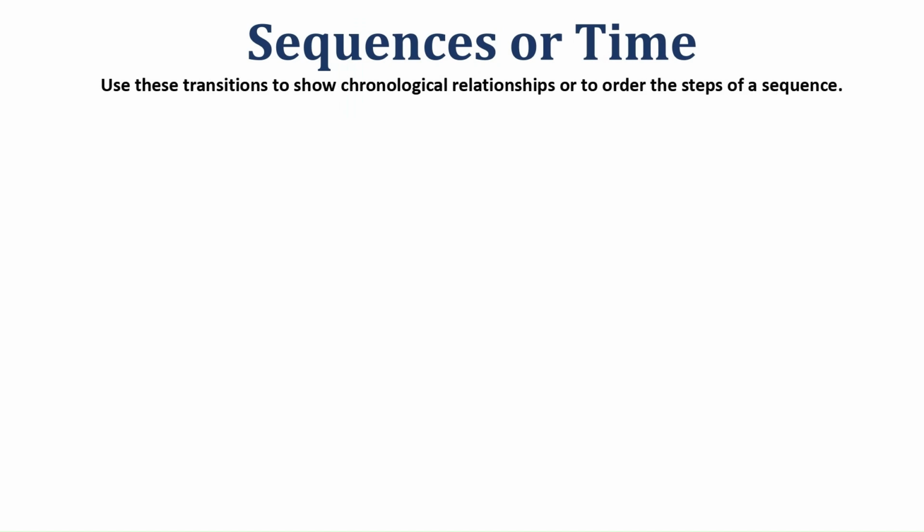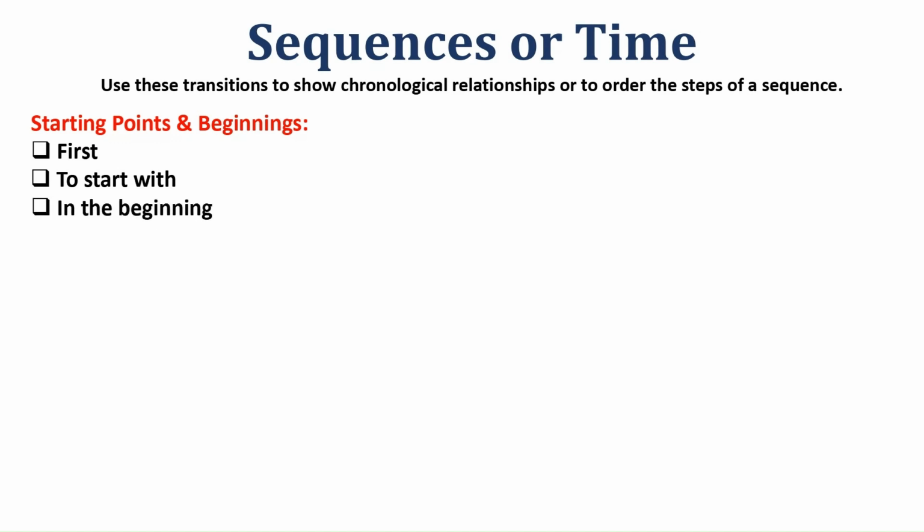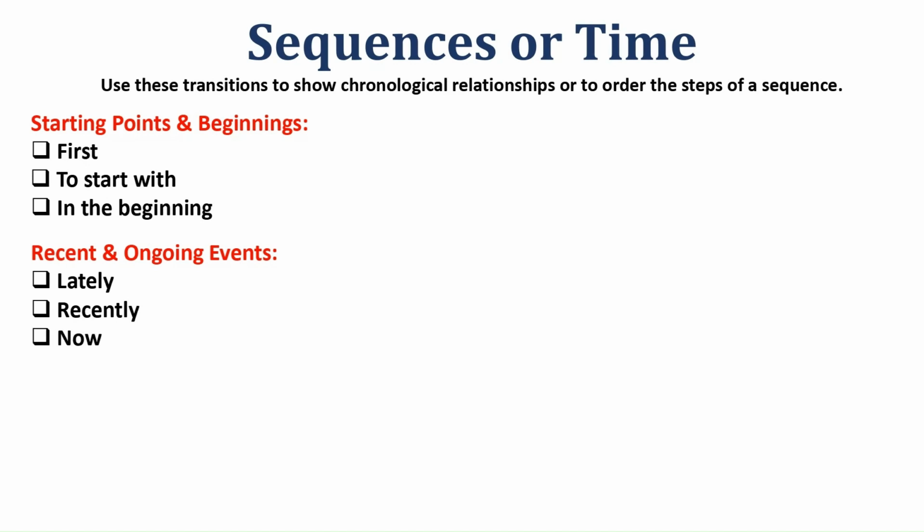Sequences or time. Use these transitions to show chronological relationships or to order the steps of a sequence. Starting points and beginnings: first, to start with, in the beginning. Recent and ongoing events: lately, recently, now.